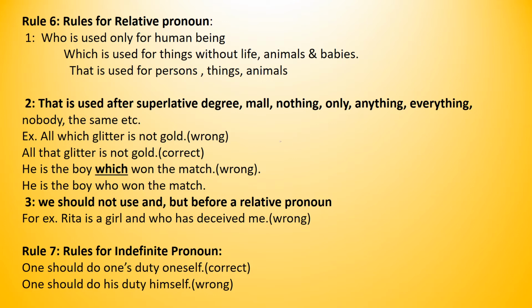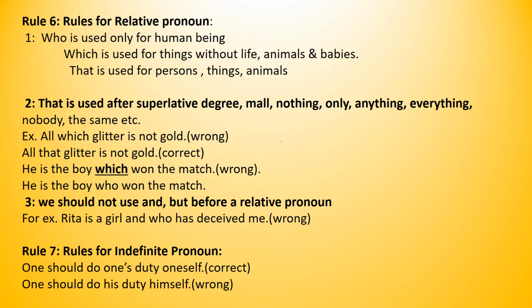This is a wrong sentence. The correct one is all that glitter is not gold. Why so? Because that is used for persons, things and animals. Gold is a thing, so that will be used, which will not be used. The same way, the sentence he is the boy which won the match is wrong. The correct one is he is the boy who won the match.